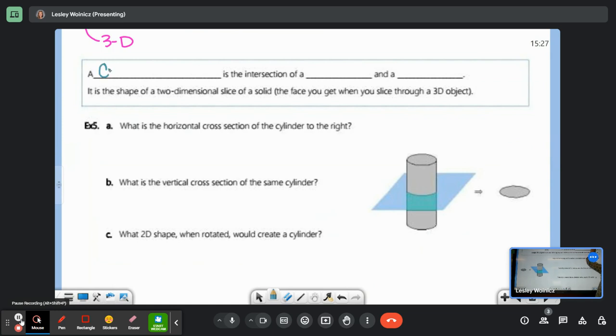A cross section is the intersection of a plane and a solid. Okay, it is the shape of the two-dimensional slice of the solid that you get when you slice with a plane. So here I have my cylinder. I sliced it with a plane, and what is this little intersection?